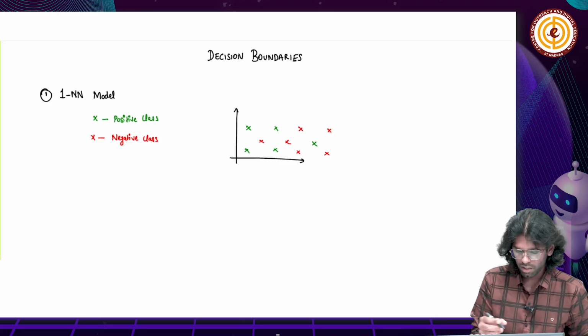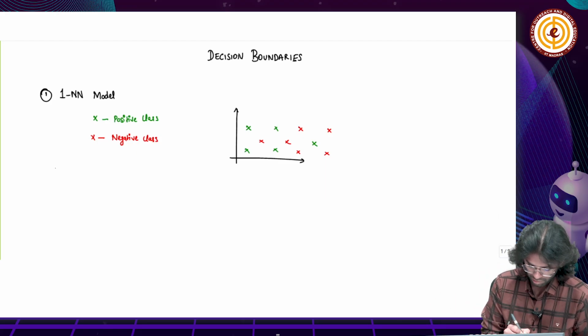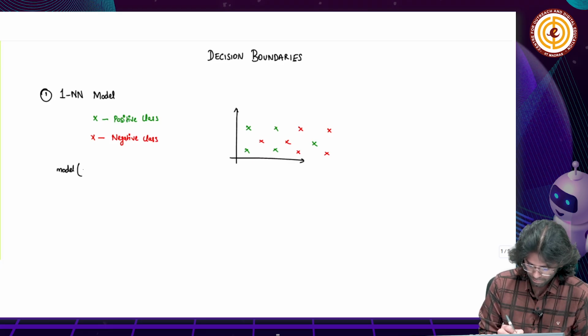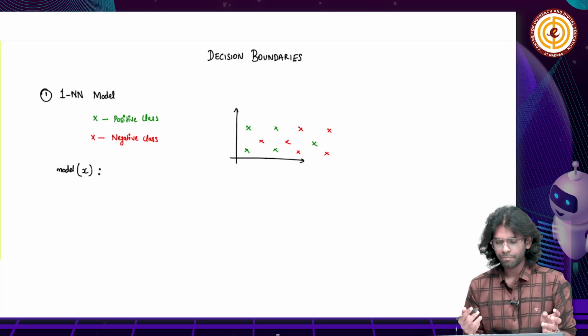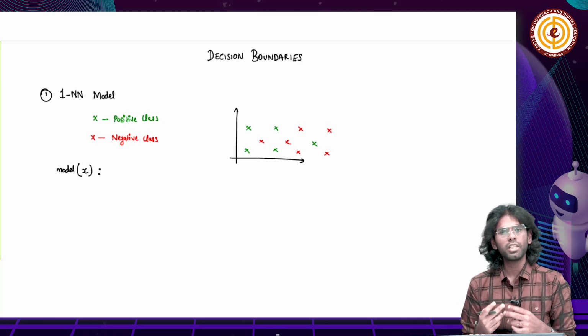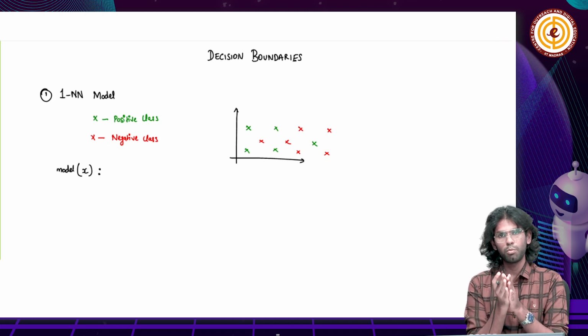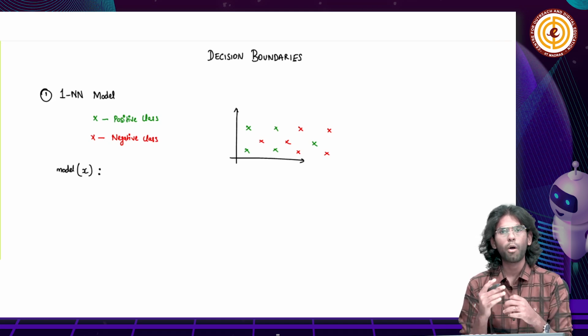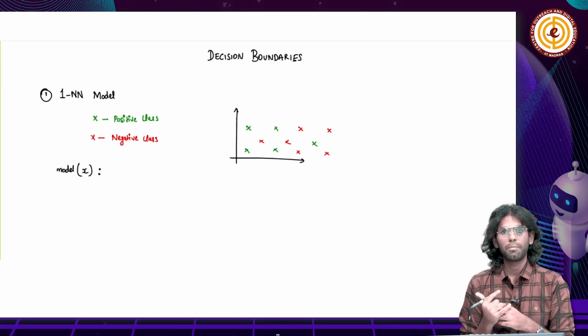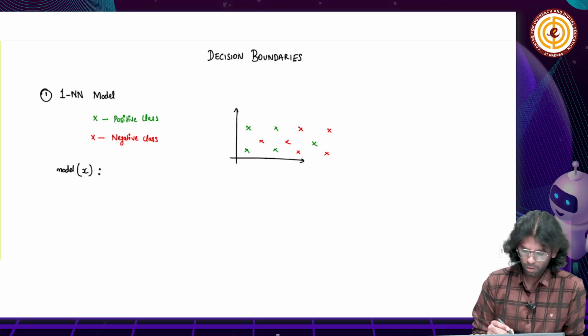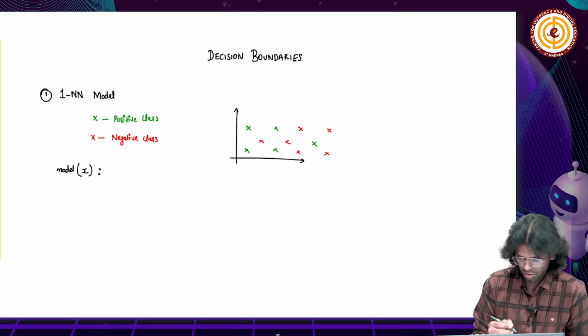So what our model is essentially doing is, in the binary classification setup, our model takes in some x and in most cases it actually gives a probability, like we saw in the neural network case where the outputs were 0.9 and 0.1, where 0.9 would be the probability or the confidence the model has in its prediction.